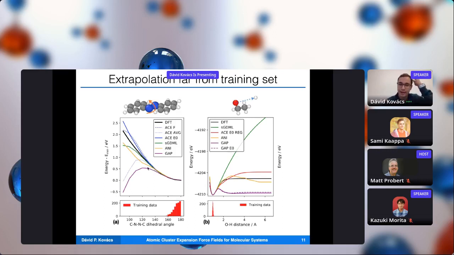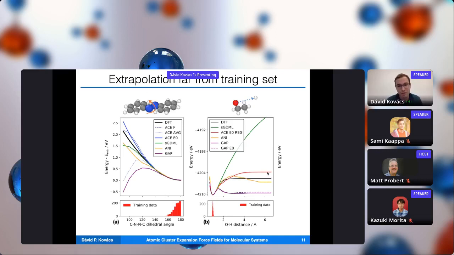Another example along these lines is what happens if we remove a hydrogen atom from ethanol. We just break this OH bond, and we scan along this coordinate, and you see that DFT predicts the shape that we would expect. ACE is the only model that is able to reproduce the shape of this curve qualitatively.